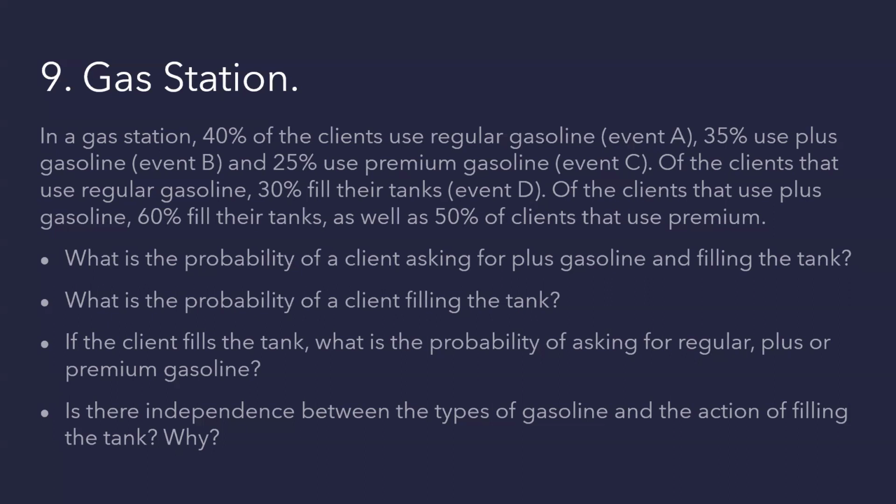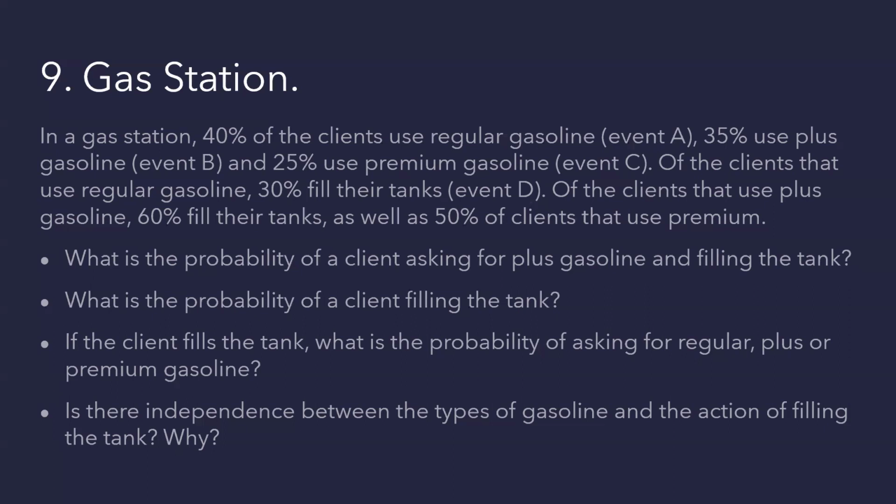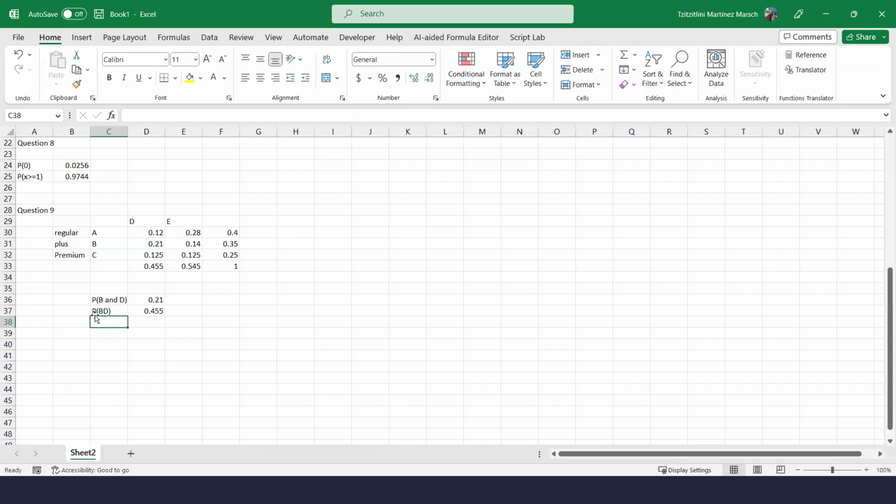Then it says, if the client fills the tank, what is the probability of asking for regular, plus, or premium? Okay. So this is going to be conditional, it's given that. So it says, if the client fills a tank, what's the probability of asking for regular, given that I'm filling the tank, asking for plus, given that I'm asking for a full tank, premium gas, given that I'm asking for a full tank.